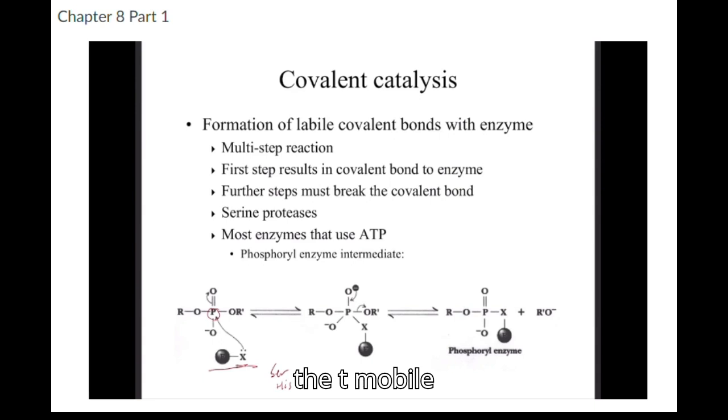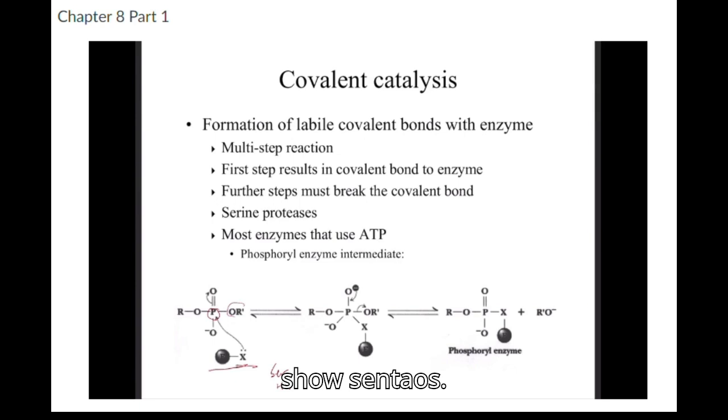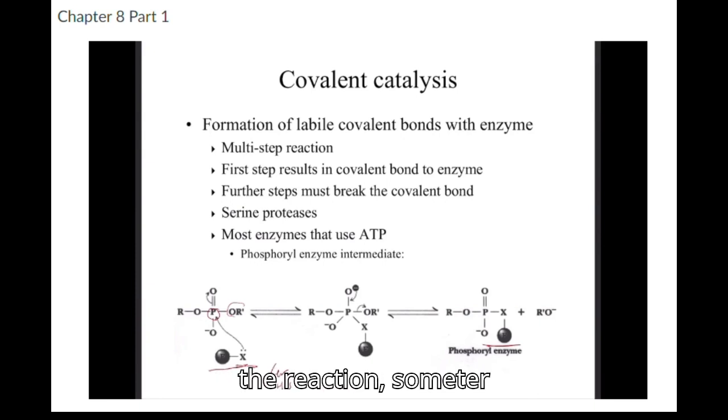If this is the ATP molecule, we're going to displace a portion of the molecule, so essentially OR is eventually going to leave, and we end up with the phosphate portion of it actually bound to the enzyme. So that would be the first step that occurs. In the subsequent part of the reaction, some other molecule will come in and attack the phosphorus and displace the phosphate from the enzyme.